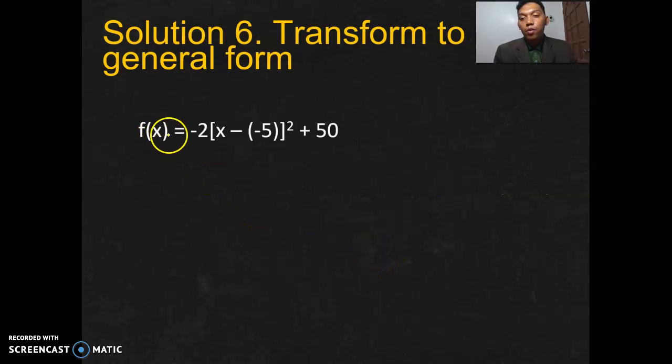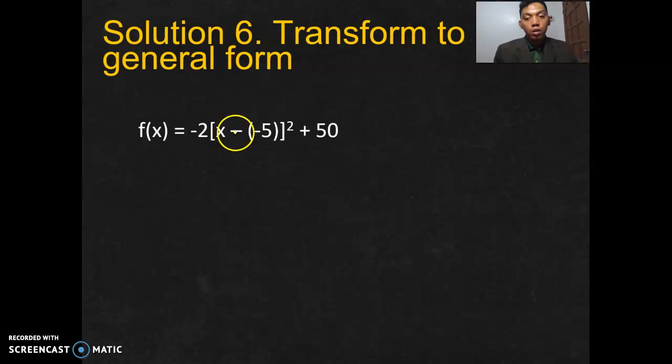We have f of x equal to negative, bracket, x minus, parenthesis, negative 5, bracket squared plus 50. Okay, so the first step on this kind of example is you have to simplify first whatever is expressed in the square of binomial.